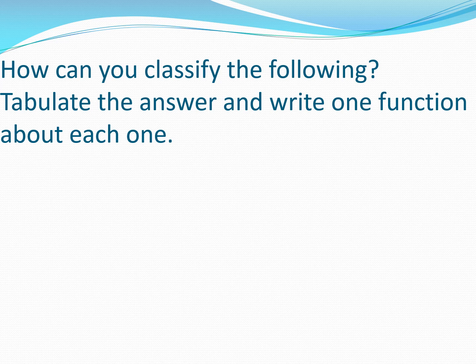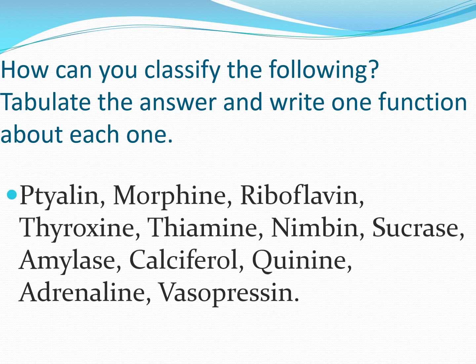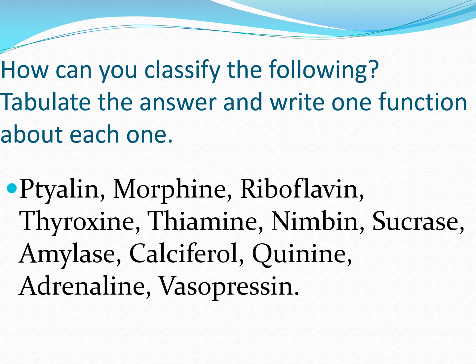Now here, how can you classify the following? Tabulate the answer and write one function about each. So here a group of words are mentioned. So we need to categorize them first, we need to classify them first, and should write one function regarding each. Okay.